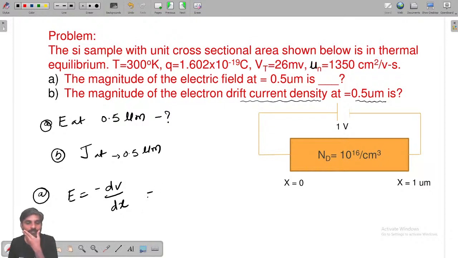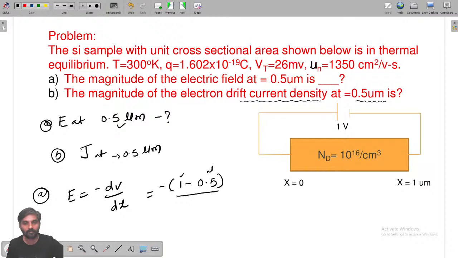So for dV by dx, what will you do? Minus of the potential difference over 0 minus 0.5 micrometers. Obviously the potential is 1 volt, he has given 1 volt.